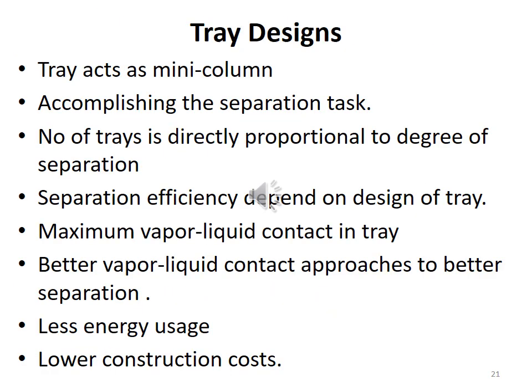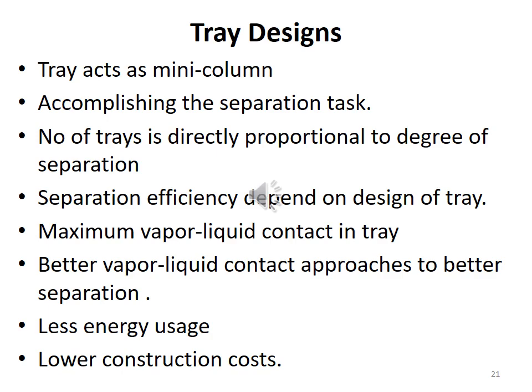This tray design will serve as a mini column, the column where the separation is processed, accomplishing the separation task. So these mini columns are responsible for the separation of the components present in the mixture. The number of trays is directly proportional to the degree of separation. So a higher degree of separation will be achieved by having a large number of trays.